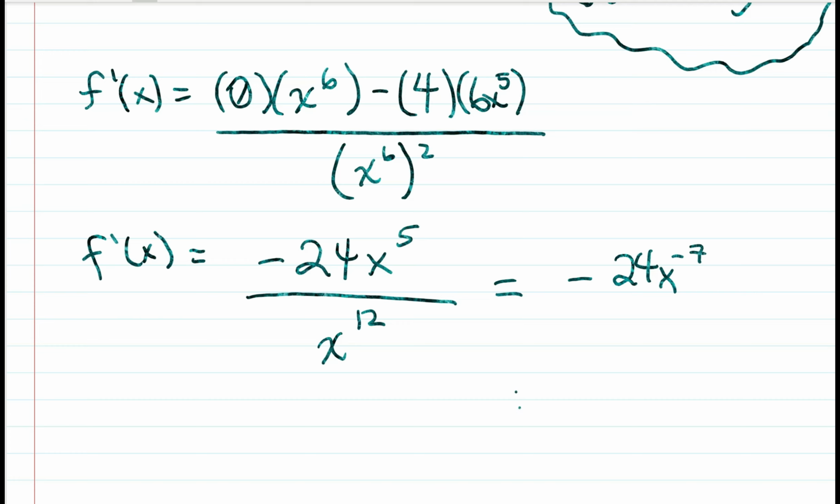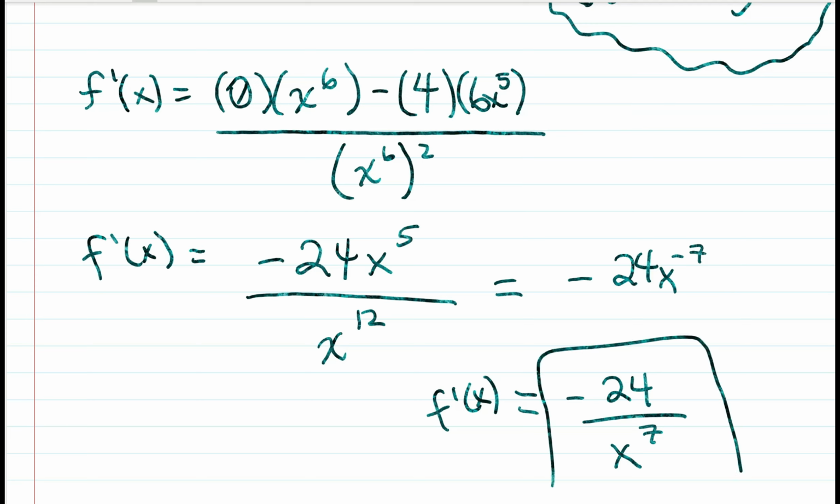However, we don't want any negative exponents. So I'll finish this out and say that negative 24 will be on top. We'll put the x to the 7th in the denominator, and that way the exponent becomes positive. So f prime of x, meaning the derivative, is equal to negative 24 over x to the 7th power.